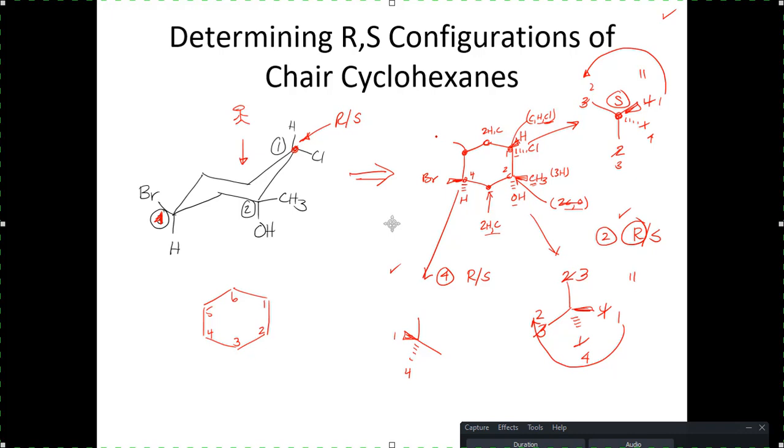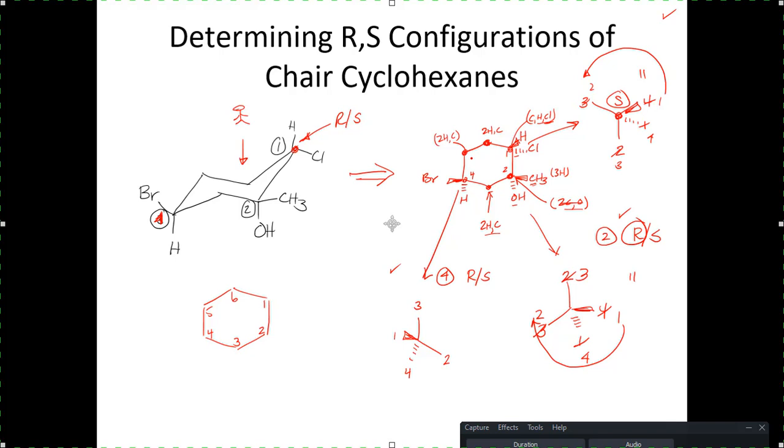This carbon has what? 2 H's and a C. This carbon has 2 H's and a C, so let's continue on. This carbon has 2 H's and a C. Now I'm up to this carbon. This carbon has the oxygen, so this becomes priority group 2, and the other is priority group 3.